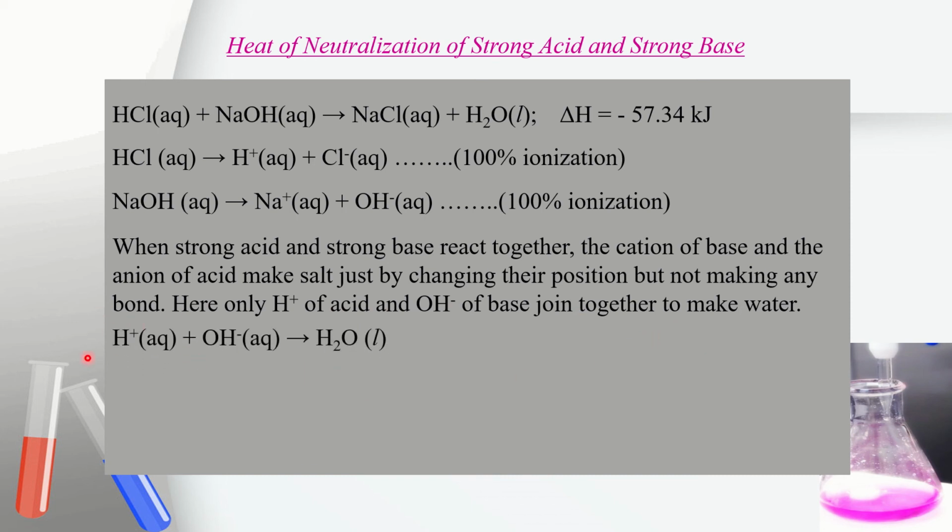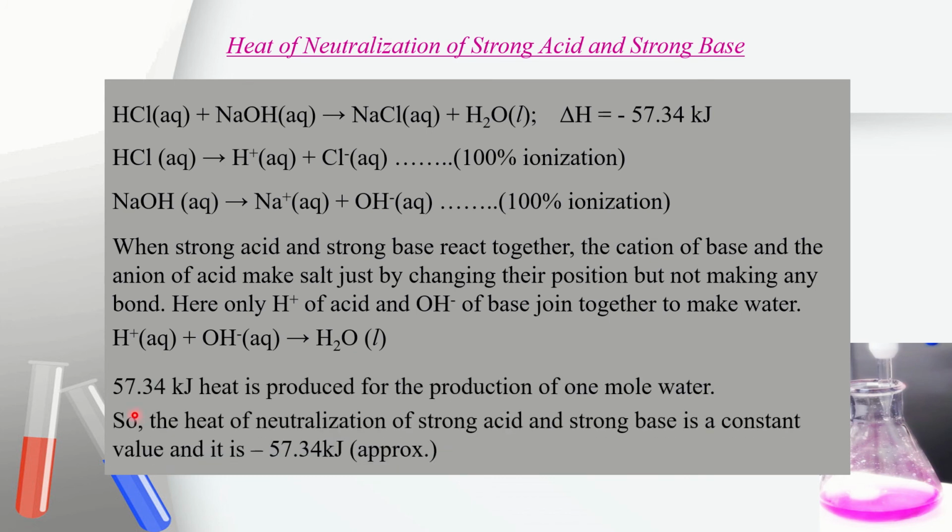These two ions make water. And 57.34 kilojoule heat is produced for the production of 1 mole of water. So the heat of neutralization of strong acid and strong base is a constant value, approximately minus 57.34 kilojoule.